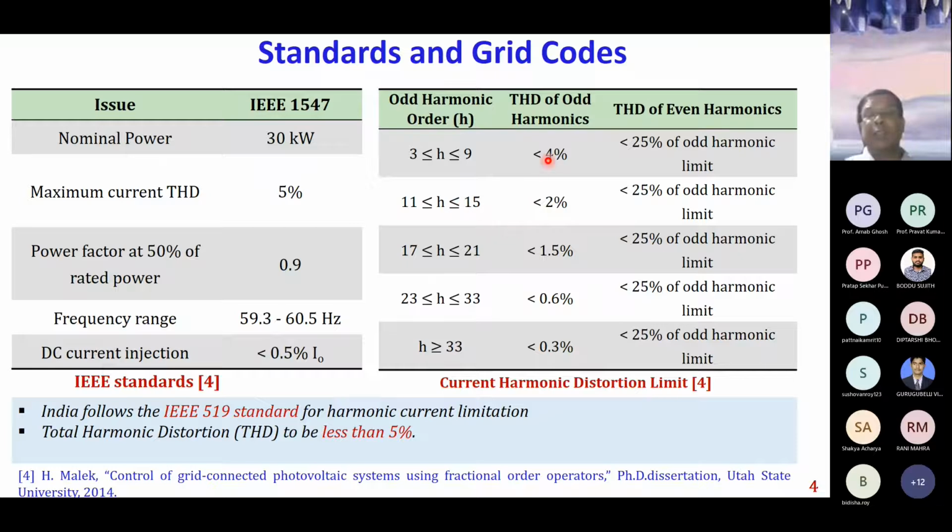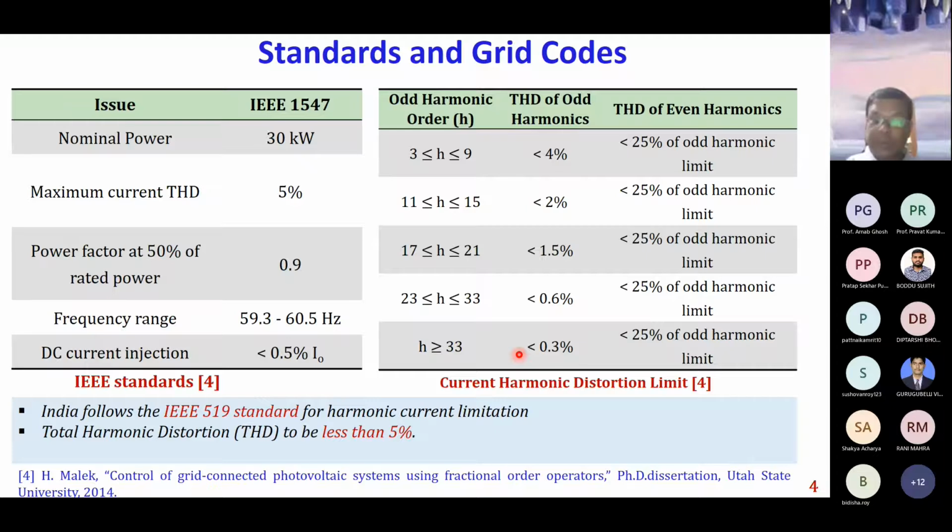For example, the third harmonic and the odd harmonics should be less than 25%. The harmonic level of orders 3 to 9 should be less than 4%, and 11 to 15 less than 2%. These are the different harmonic orders. One must be careful that not only the THD but also each harmonic order should be within the prescribed limit.